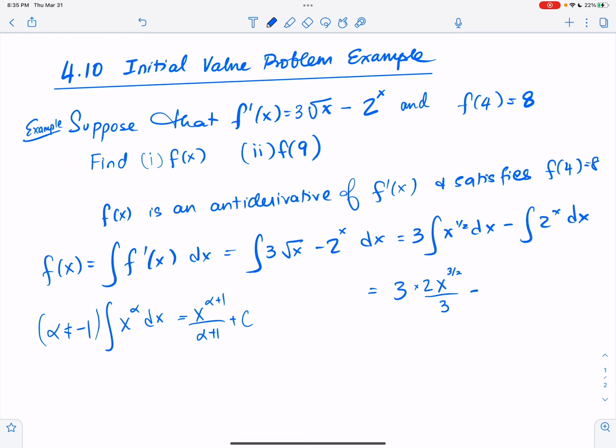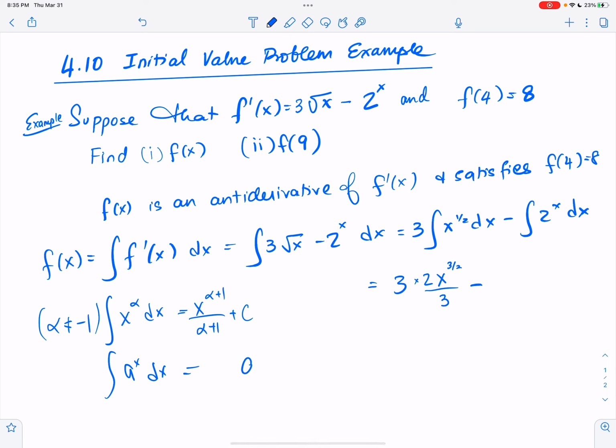Okay? And minus, what is the integral of a to the x? Well, what do you differentiate to get a to the x? You do differentiate a to the x, but when you differentiate a to the x, you get a times log a. To get rid of that log a, we multiply by 1 over log a.